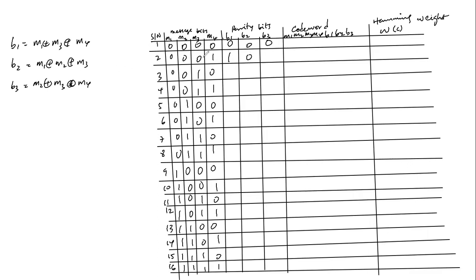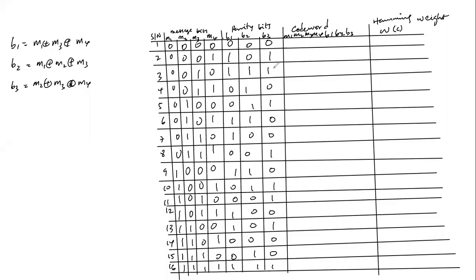Now M2, M3, M4, that's 1. Now M1, M3, M4 is 1. Now M1, M2, M3 is 1. M2, M3, M4 is 1. So we're going to populate the parity bits using the system of equations.